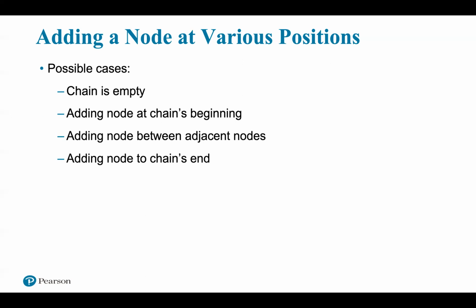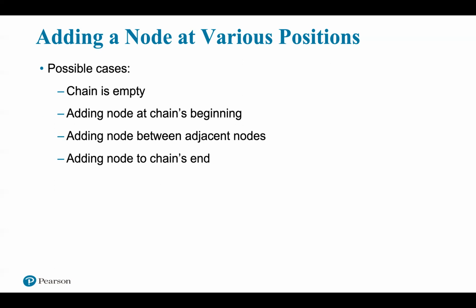We added a node to the end of the chain in chapter 8 for one implementation of the ADT queue. While those operations are still needed for a list, we also must be able to add a node between existing nodes and to remove a node from positions other than the beginning or end. We'll talk about these operations as we get into this chapter.